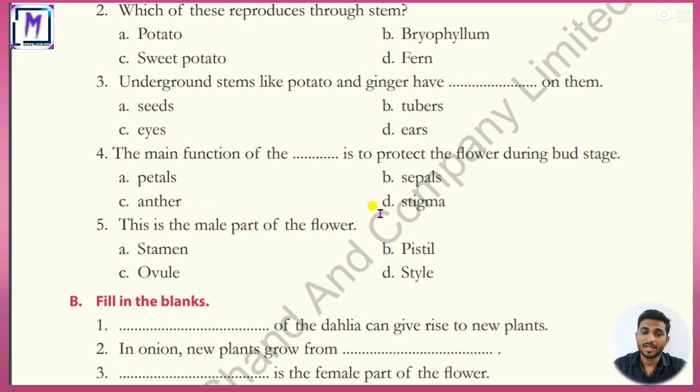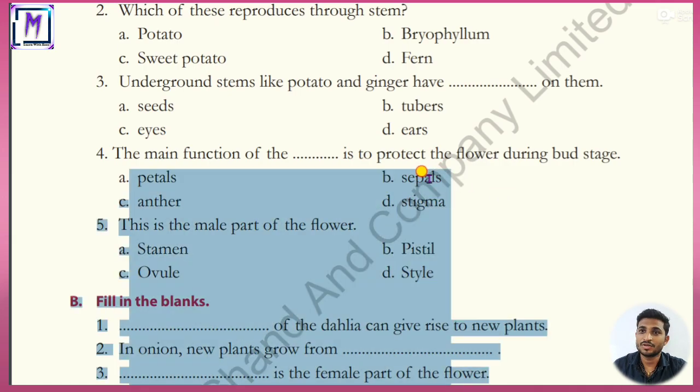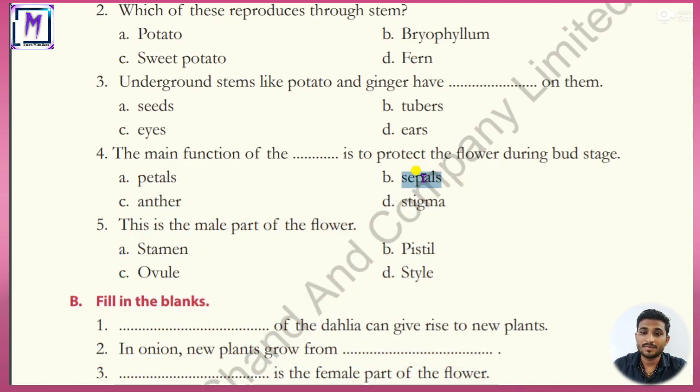And the stigma has the function of catching the pollen grains. So this is the answer for the fourth question: sepals are the part which protects the flower in the bud condition.